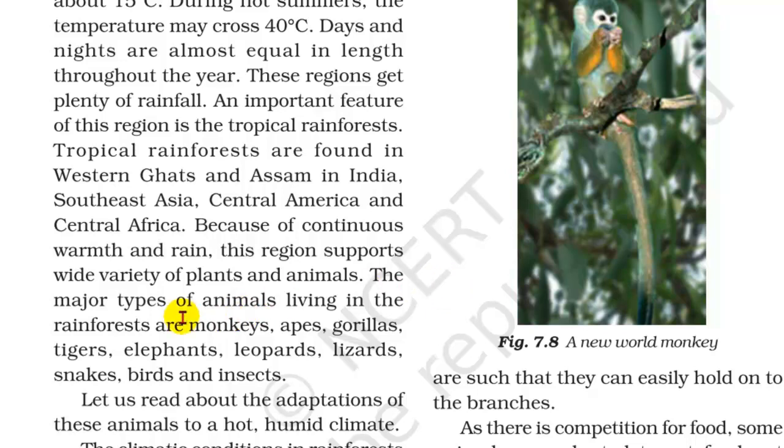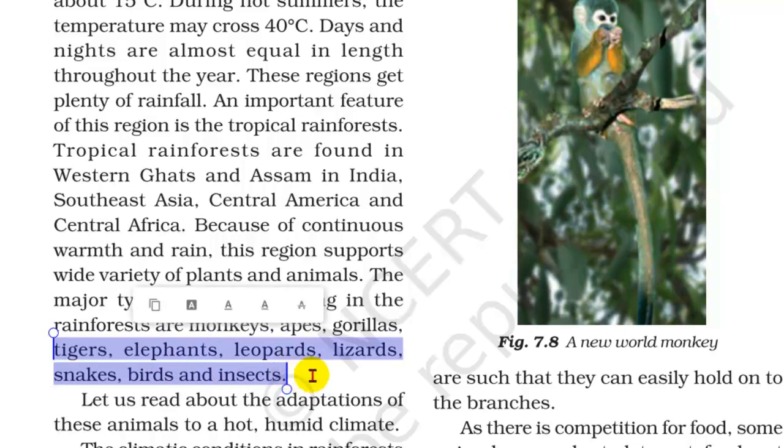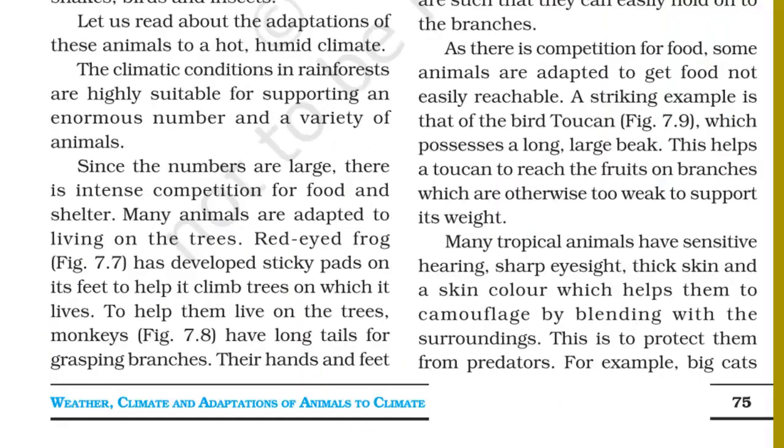Some of them are monkeys, apes, gorillas, tigers, elephants, leopards, lizards, snakes, birds, and insects. The climatic conditions in rainforests are highly suitable for supporting an enormous number and a variety of animals.